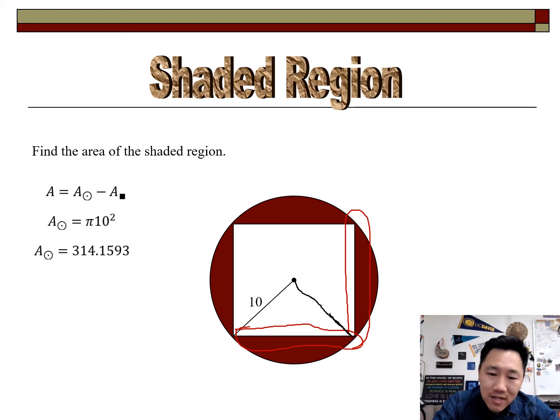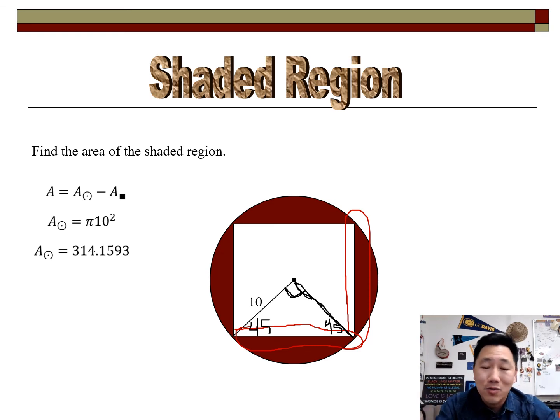It's supposed to be straight. We know that this is 90 degrees inside a square. And then because I just drew that in, this is now 45, 45.